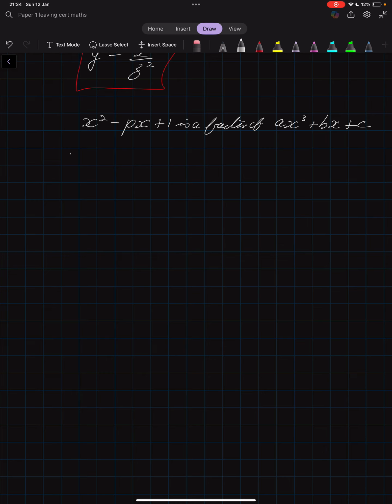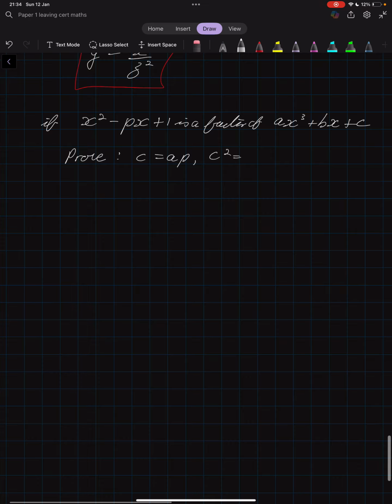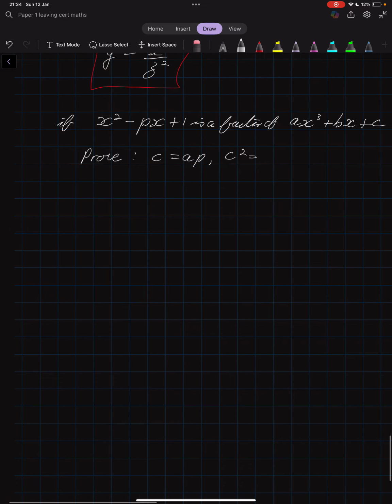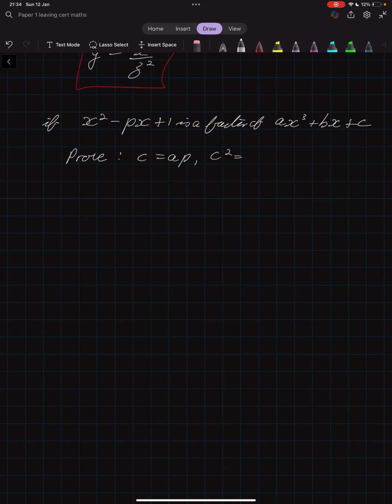So I need to prove that c equals ap, c squared equals a into a minus b, and then b minus a equals minus ap squared. So I need to show this. All right.